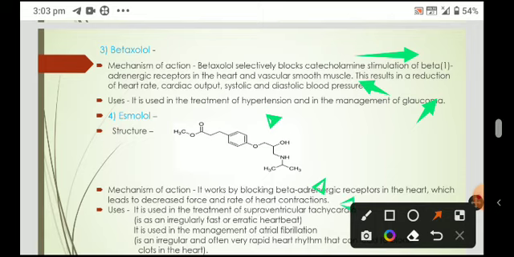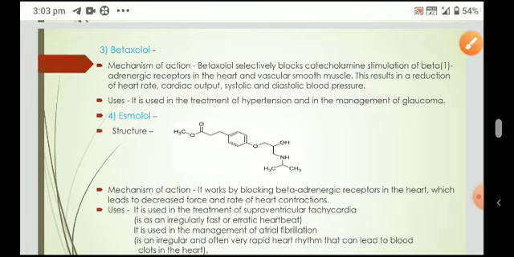It is used in the treatment of supraventricular tachycardia and in the management of atrial fibrillation. Supraventricular tachycardia means an irregular, fast or erratic heartbeat, and atrial fibrillation is an irregular and very rapid heart rhythm that leads to blood clots in the heart.